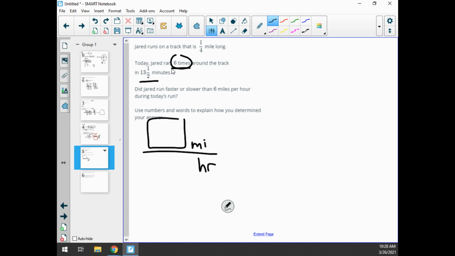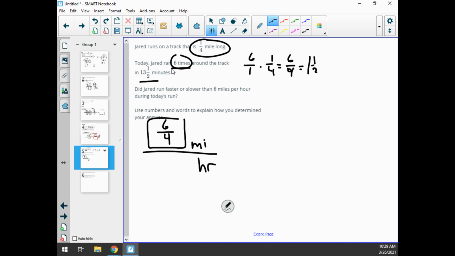Well, he went 6 times around the track, and the track is 1/4 of a mile long, so that's 6 times 1/4, or 1.5. You just have to count up 6 times 1/4 to get 6/4, or 1.5. I'll just leave it at 6/4 to make it easy for now.